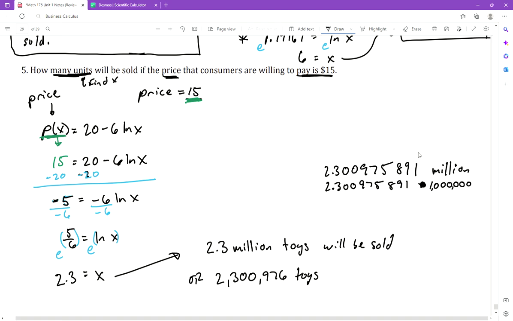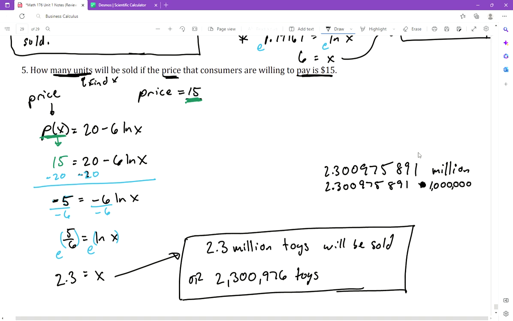That is now seen as millions. Instead of writing the word million, we can see the full number. Just in case. There we go.